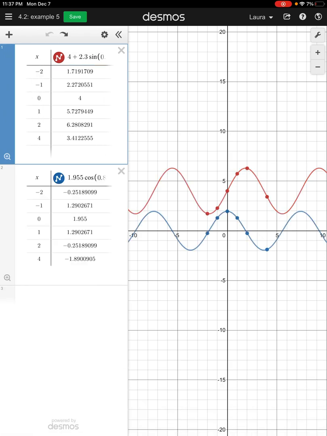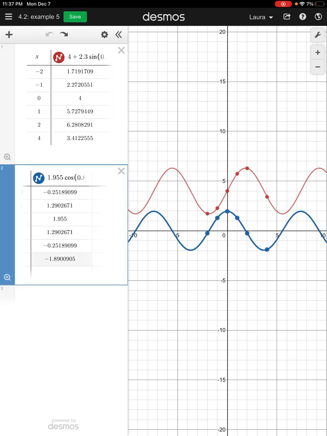And so it was asking, what is the acceleration at t equals 4? So I put 4 into acceleration here, and I got negative 1.890. And so they said, what does this tell you about the direction of the particle?